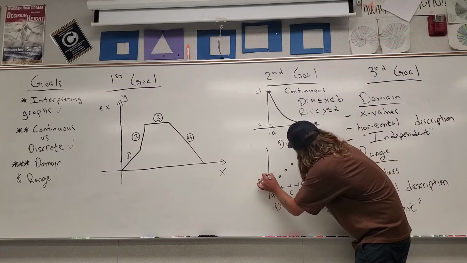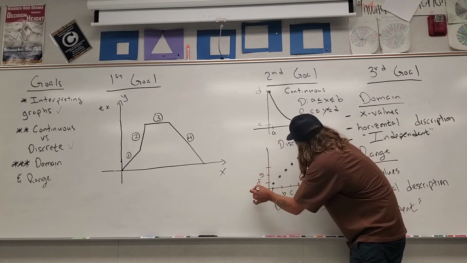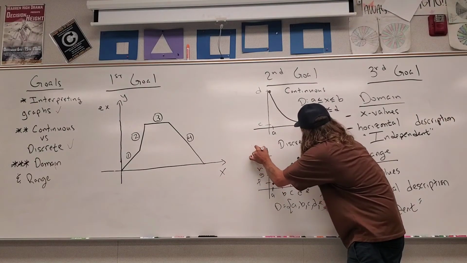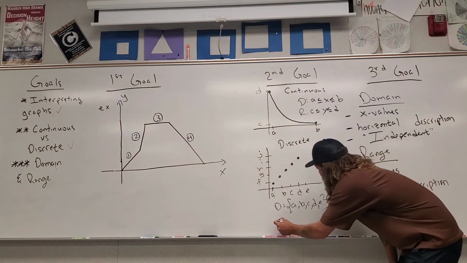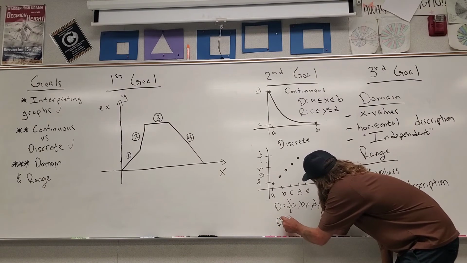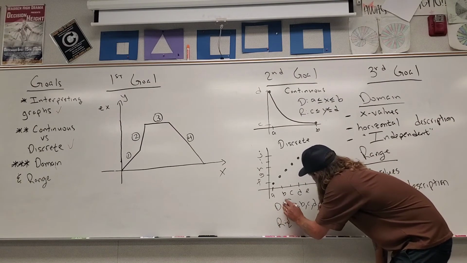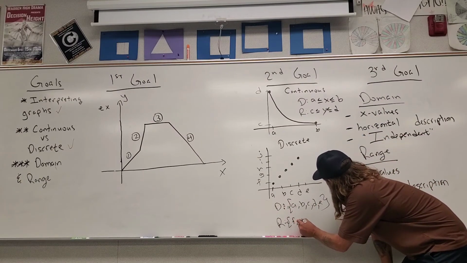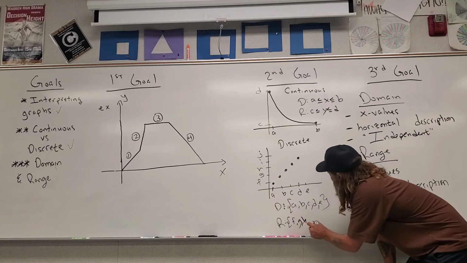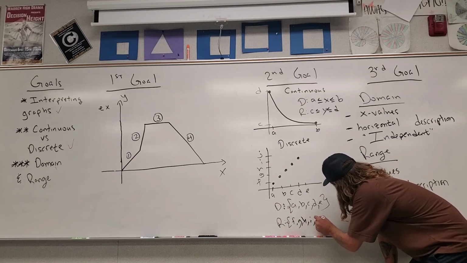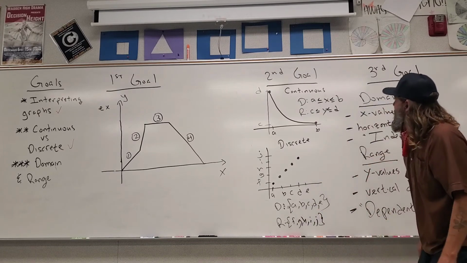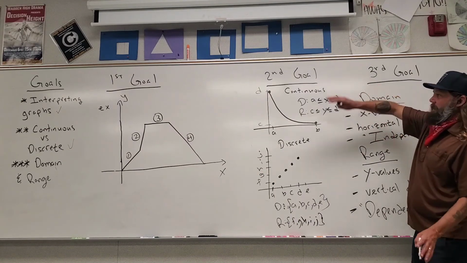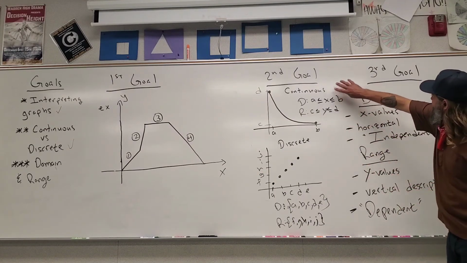So this value could be F, this value could be G, then H, I, J. Right, so the range of this would be F, G, H, I, and J. All right, so again, the way we write domain and range depends on whether our graph is continuous.